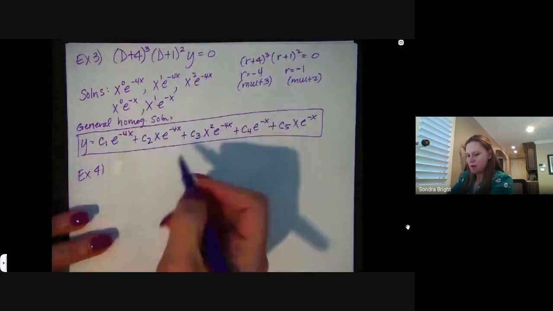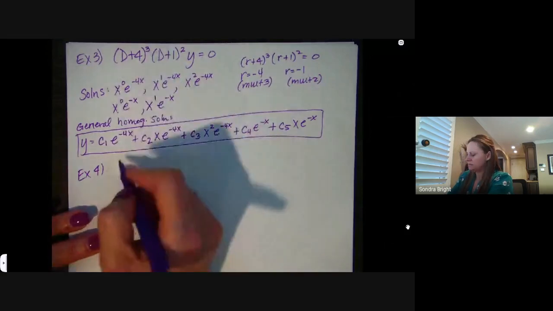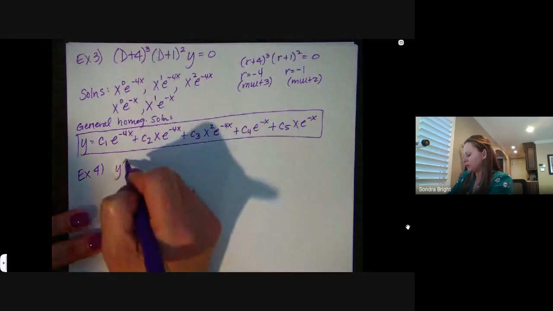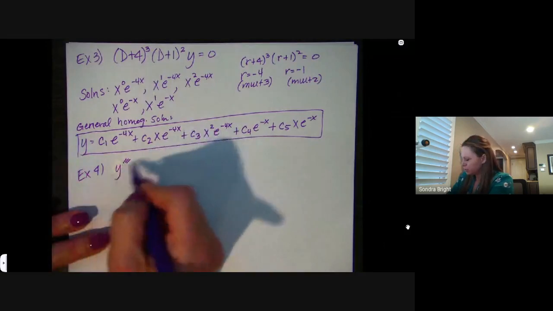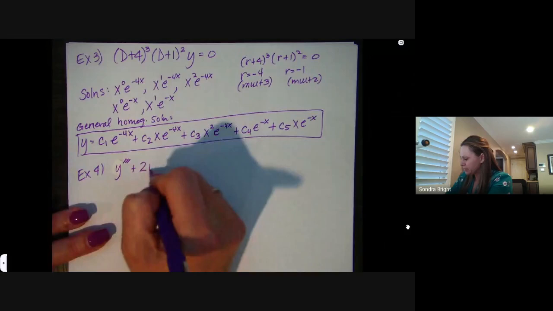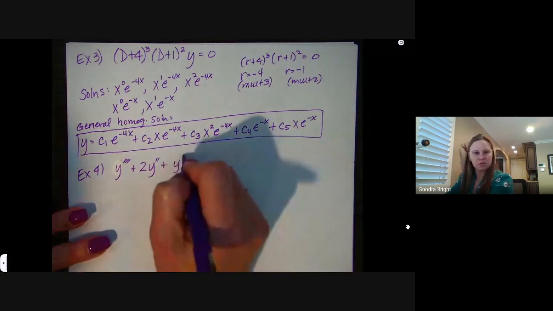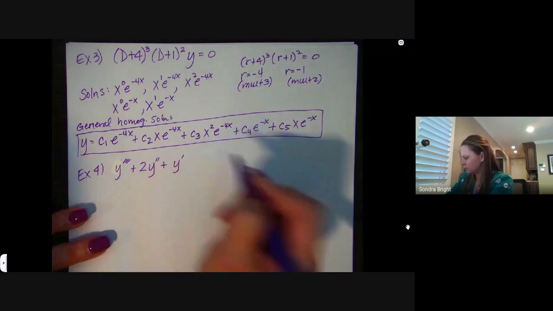What if I say to you, solve y triple prime, the third derivative on y, plus 2 times the second derivative of y plus the first derivative on y plus 2 times the actual y value itself is equal to 0.